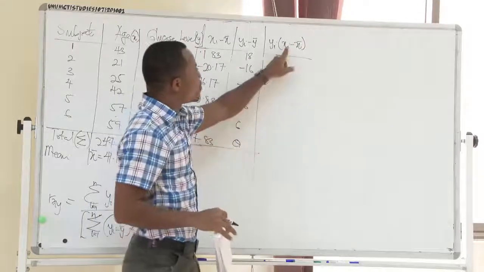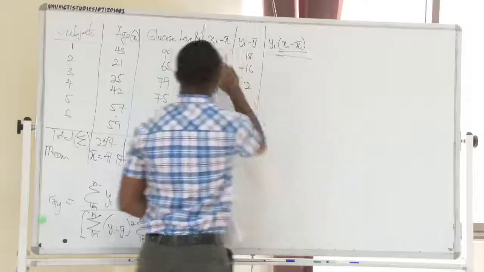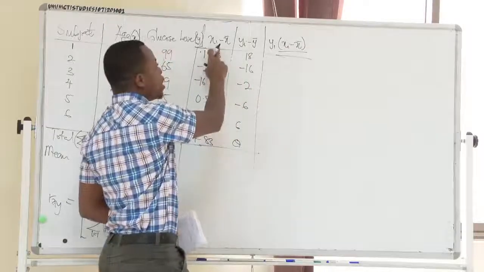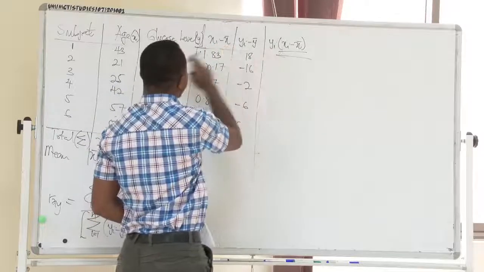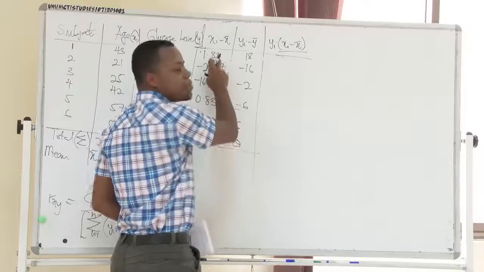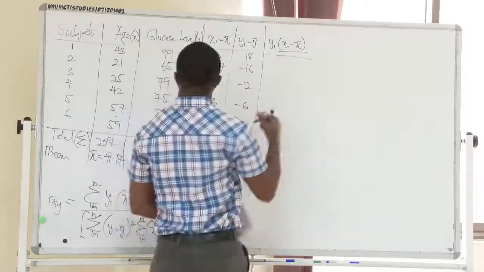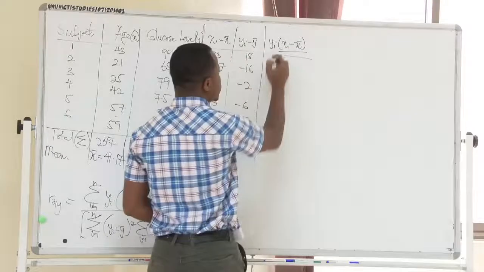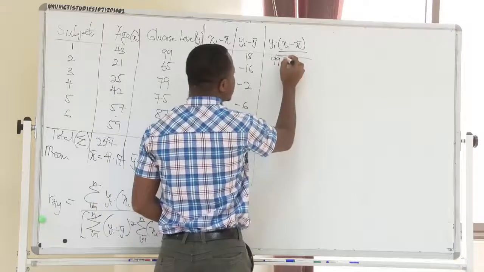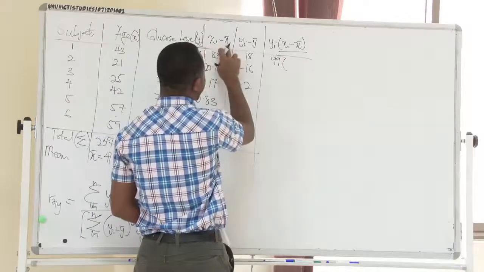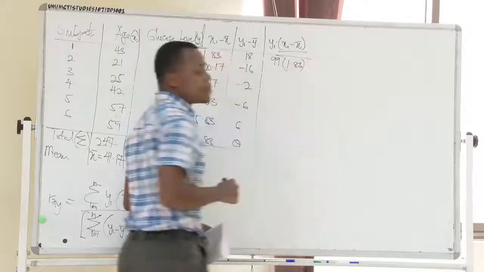Remember that we already estimated this portion, xi minus x bar, right here. So all we have to do is take the value of our yi and multiply by this value, and that is going to give us this parameter. For the first row, this is going to be 99, from our y, times our xi minus x bar, which we happen to have as 1.83.